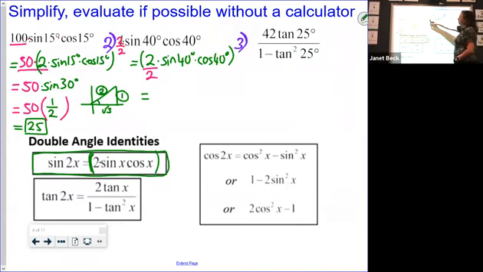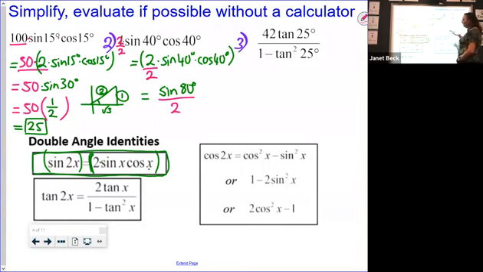That can be replaced with the sine of the double angle. So the numerator in this fraction can be replaced with the sine of the double angle. Well, if 40 is the single angle, the single x, the double angle will be 80 degrees. But don't forget this divide by 2.